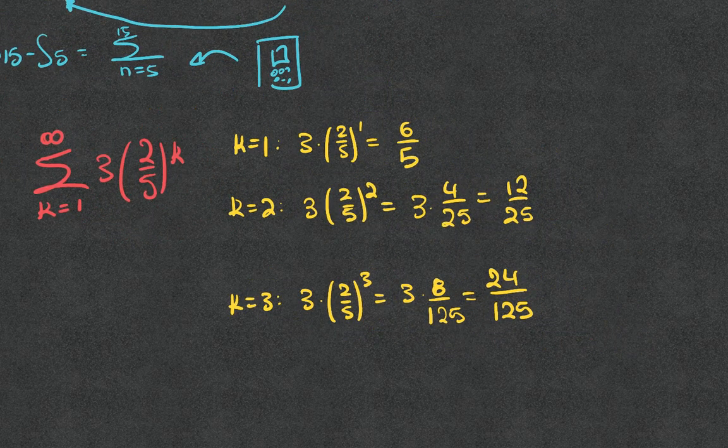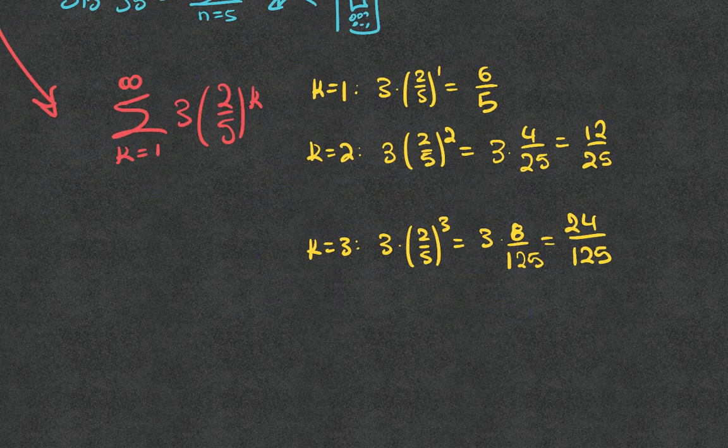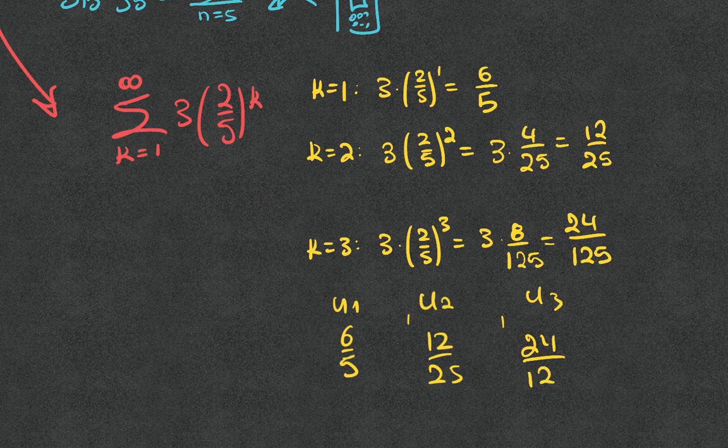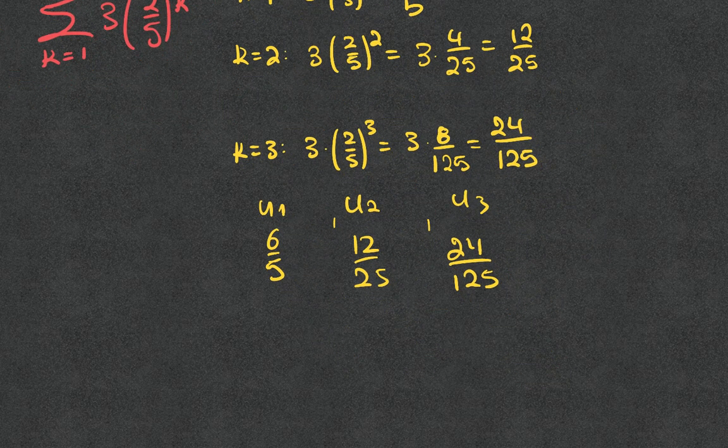Now, what I wanted to check is whether this is truly a geometric sequence that I have in front of me. So let me just write down the terms. So u1 would be 6 over 5, and then u2 becomes 12 over 25, and then u3 becomes 24 over 125.